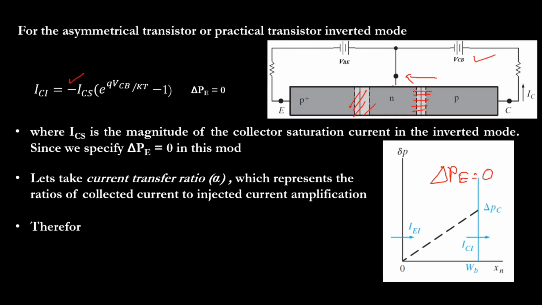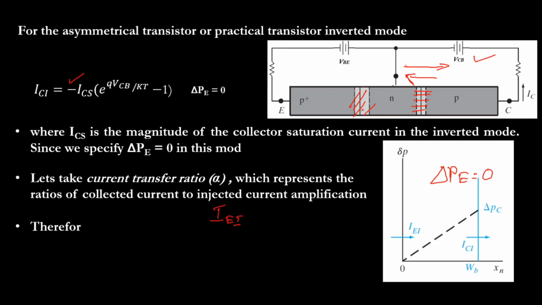In the previous way, the normal active mode, the current direction is like this. So here it is opposite, that's why I took a minus symbol over here. In a similar way, I can find IC, written over here, and next I find IEI.